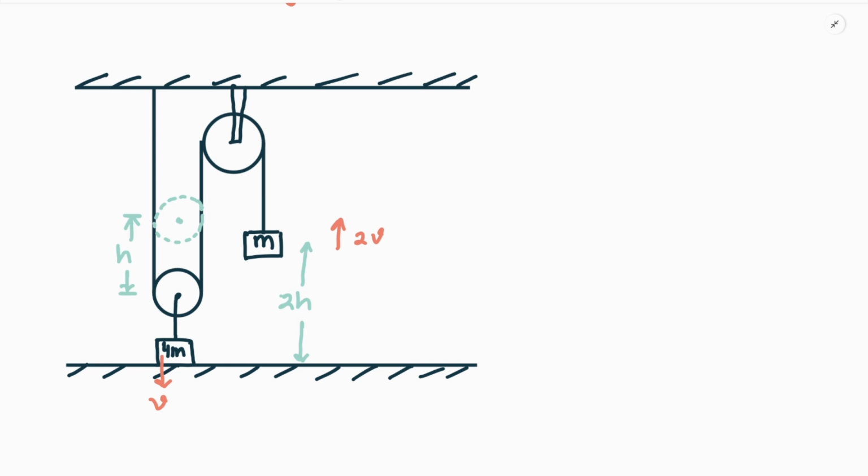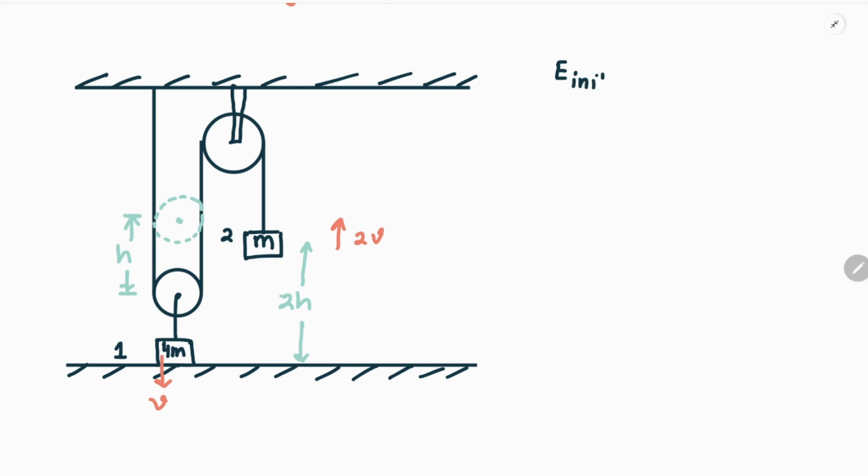As the first block strikes the ground and comes to a halt, the string in the system will slack, and after the string is slacked, block 2 will continue to move under free fall condition in gravity. So it will come under gravity and will continue to move further. To solve this case, we are writing an energy conservation statement between the first scenario and the second scenario.